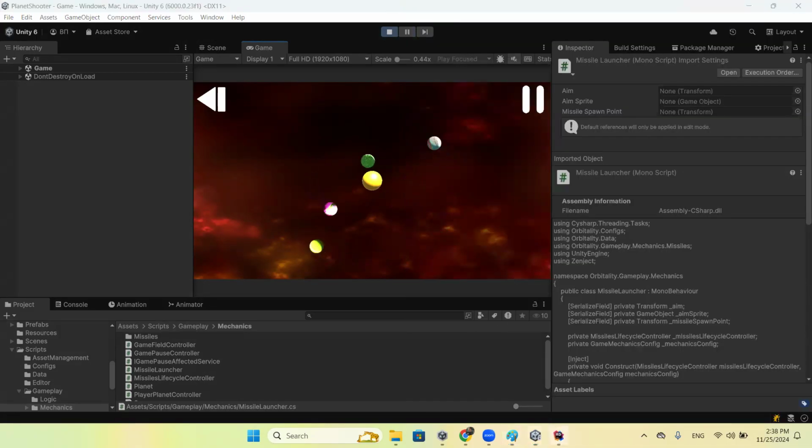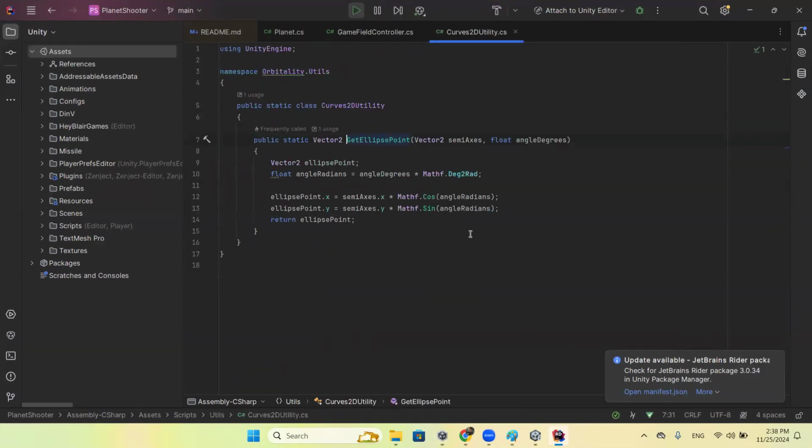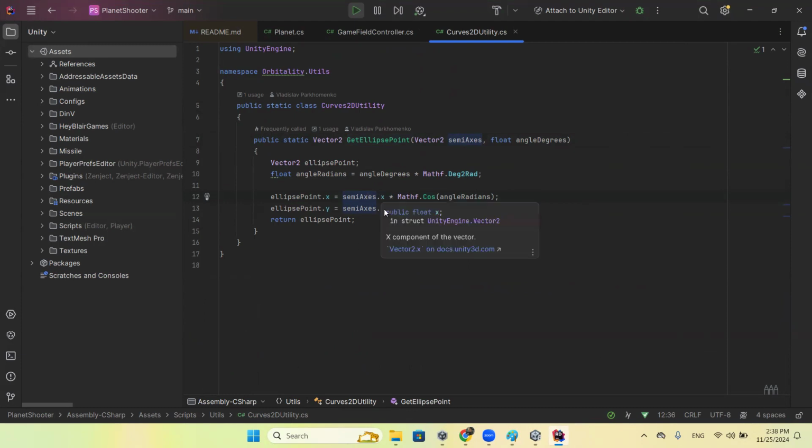So with the usage of this equation, I calculate a point of the ellipse using the parametric equation. So I calculate x: I multiply a by the cosine of the angle, and y: I multiply semi-axis b by the sine of the angle.